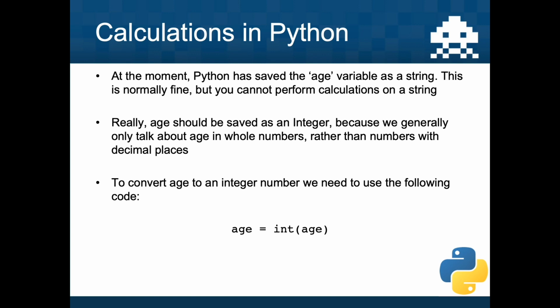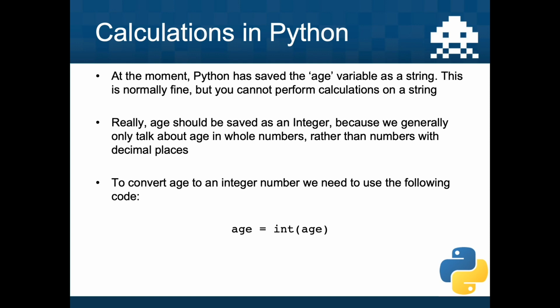At the moment in our Python program, we've asked how old they are, and we've saved that as the variable age. Now, Python will assume that everything in the program is a string unless you specifically tell it differently. Now, our age should be an integer because our age will be a whole number.